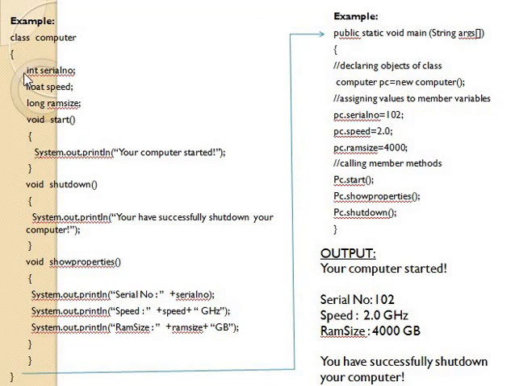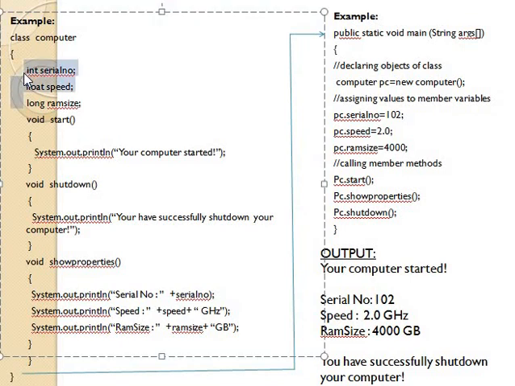Soon after declaring these data members, in the next section we declare the member methods. The first member method is void start. Here void is the return data type, since this method start is not returning any value.